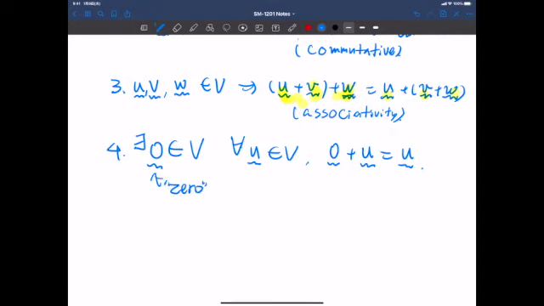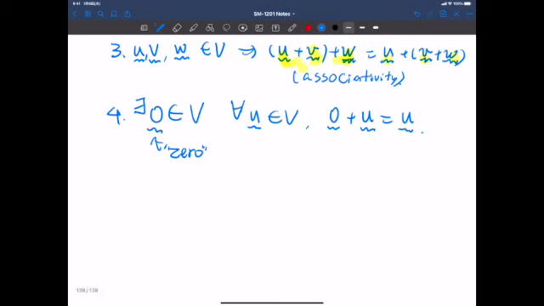As the name suggests, in terms of row vector representation, this 0 vector is obviously the vector consisting of only zeros.